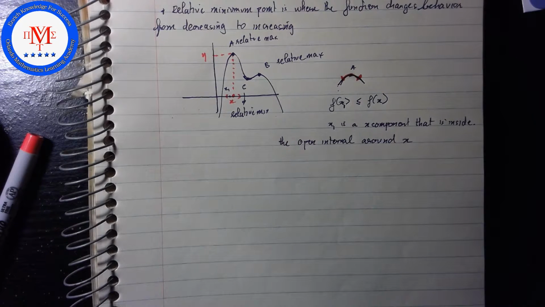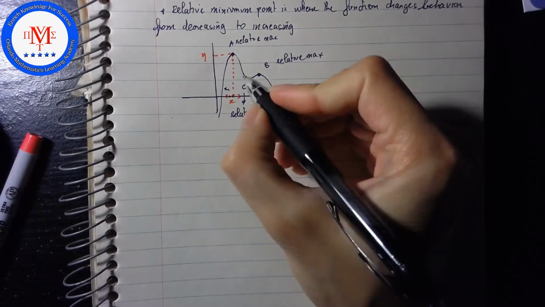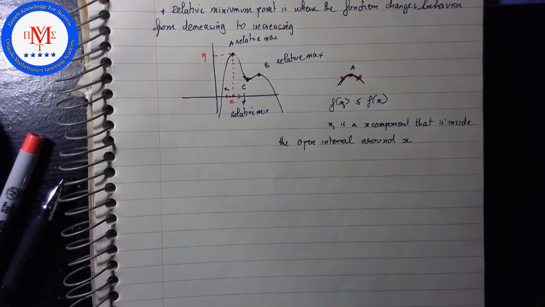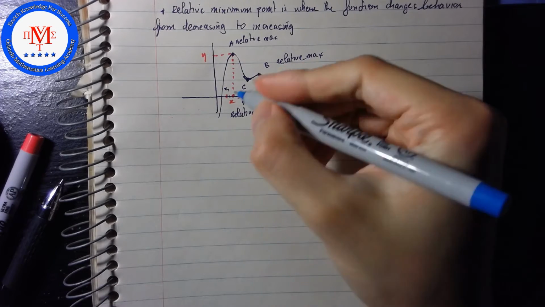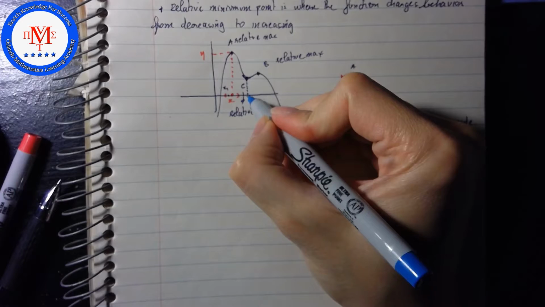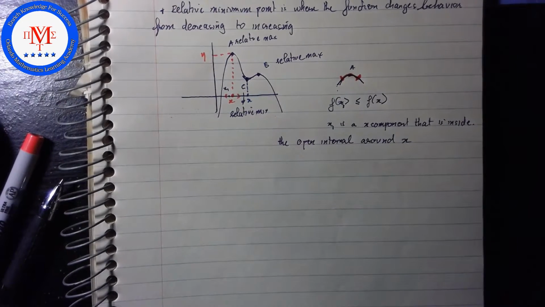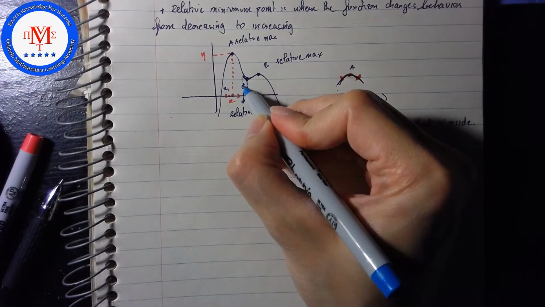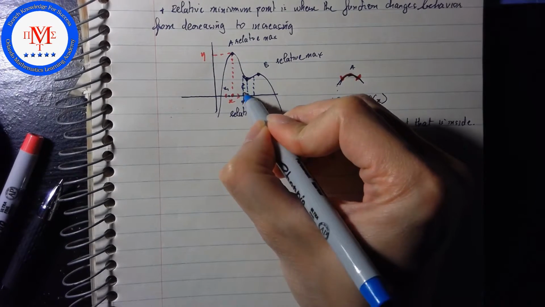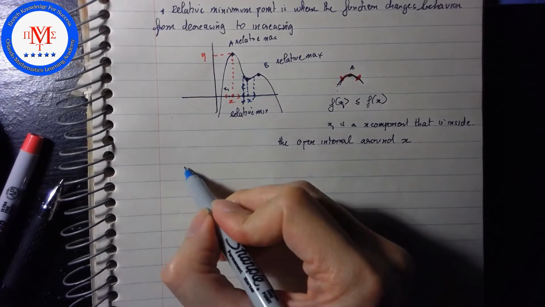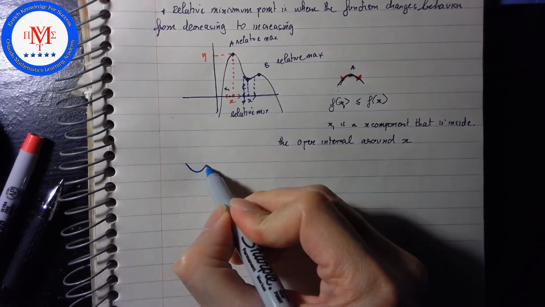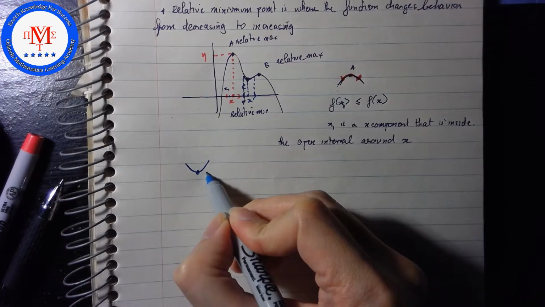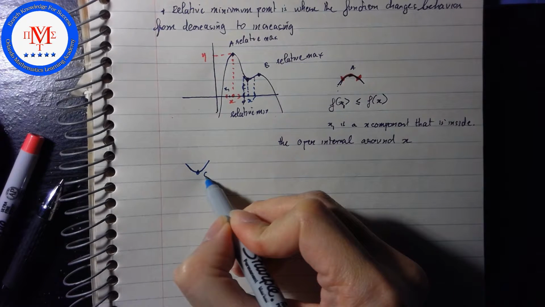For the relative min, we can explain it the same way. So this is x here, and I can take the open interval around x. Let me zoom in. This is point C here, with coordinate x.